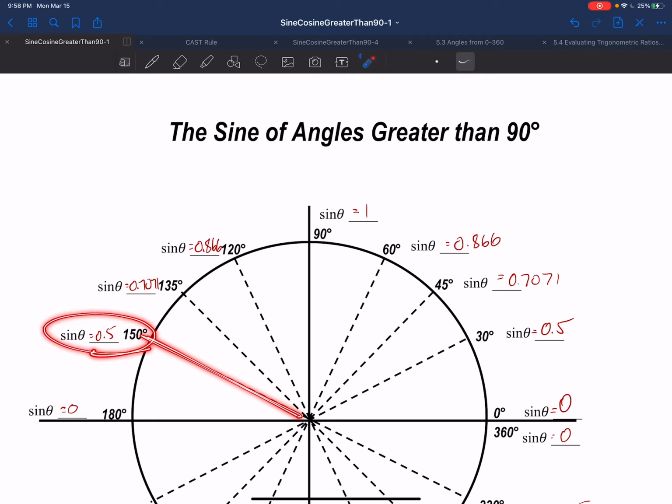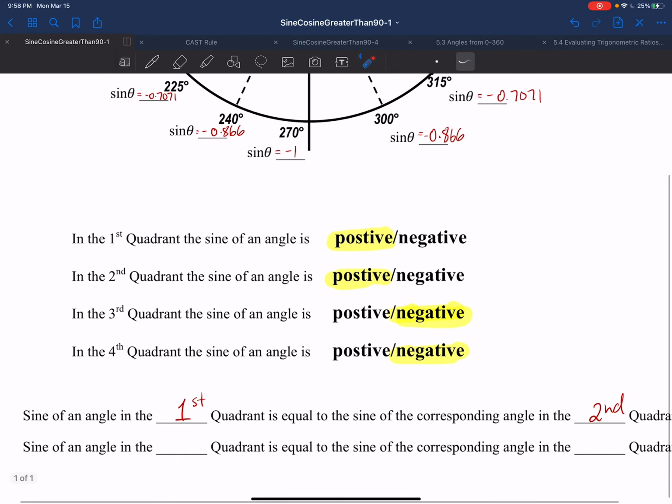That has the same ratio. It's also 30 degrees away from the x-axis. That's why it has the same ratio. So 150 is 30 degrees away from 180, and 30 is 30 degrees away from 0. The same goes for 45 and 135, and 60 and 120. They're the same distance away from the x-axis. That's what we mean by the corresponding angle.